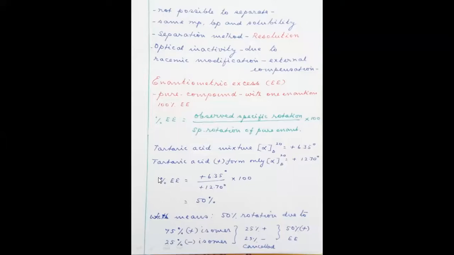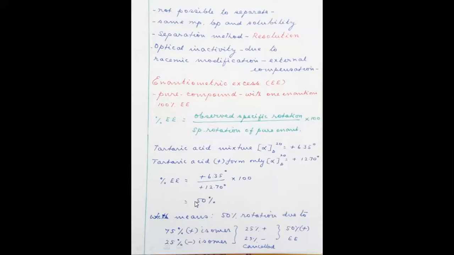So I want to calculate what is the enantiomeric excess of the plus isomer in the mixture. So enantiomeric excess is equal to observed specific rotation, plus 6.35, divided by the specific rotation of the pure enantiomer, 12.70, into 100. So you are getting 50%. So 50% is the enantiomeric excess.